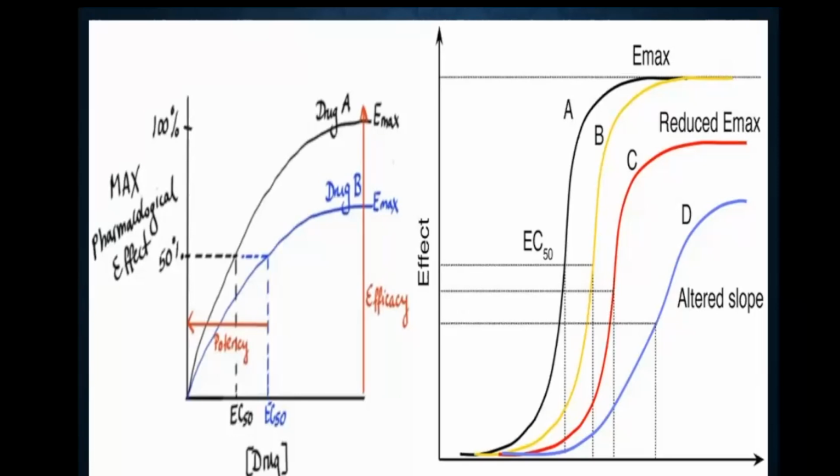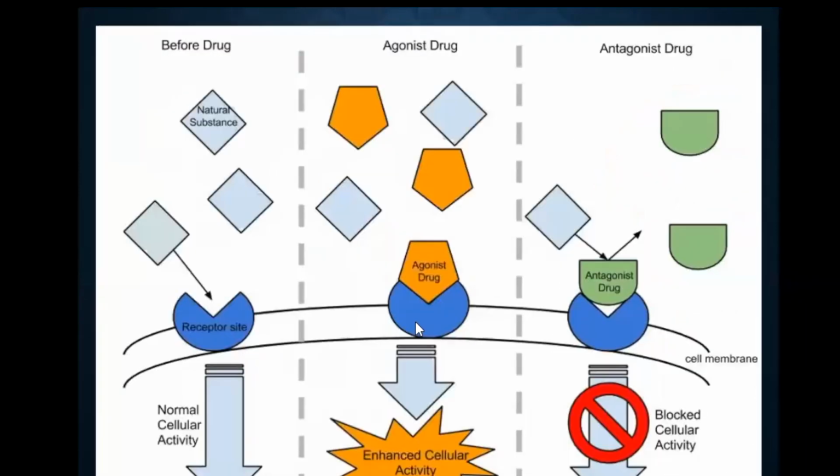But if it's a partial agonist, it will never reach the maximum pharmacological effect despite increasing the drug concentration, these two. So drug A is more potent than drug B, both being full agonists, but drugs C and D are not full agonists because despite increasing the drug concentration, they will never achieve a maximum effect. So this is just repetition.